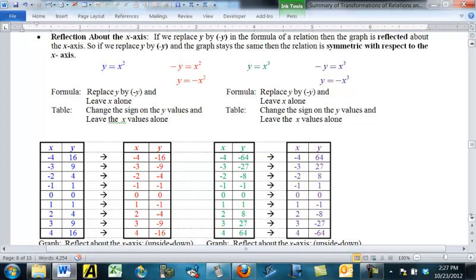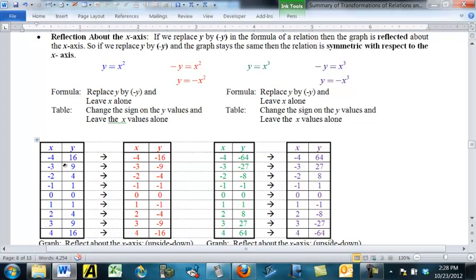Now, if we want to reflect over the y-axis, we change the sign on x. So if we want to reflect over the x-axis, guess what? We change the sign on y. We replace y by the opposite of y, and then it's going to be reflected about the axis. This doesn't really violate what we said about the table being the opposite of the formula. This is a function that is its own inverse: multiplying by negative 1 and dividing by negative 1 are the same thing.